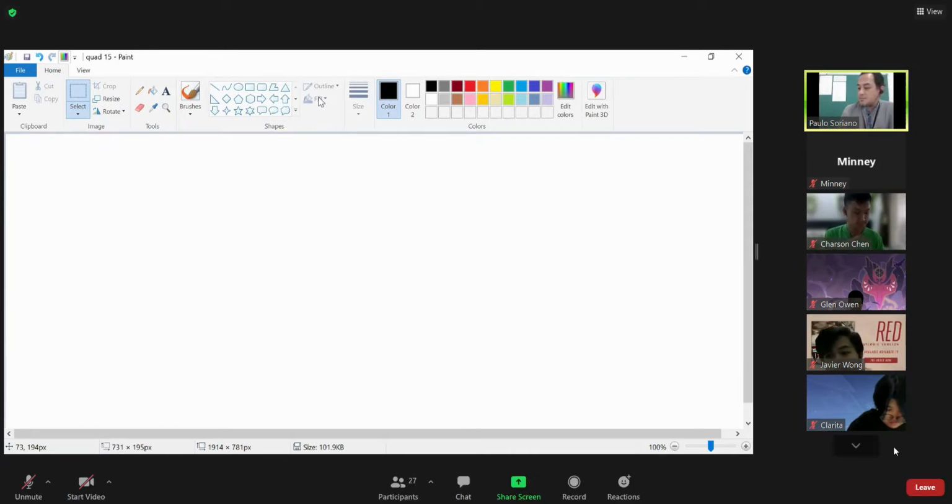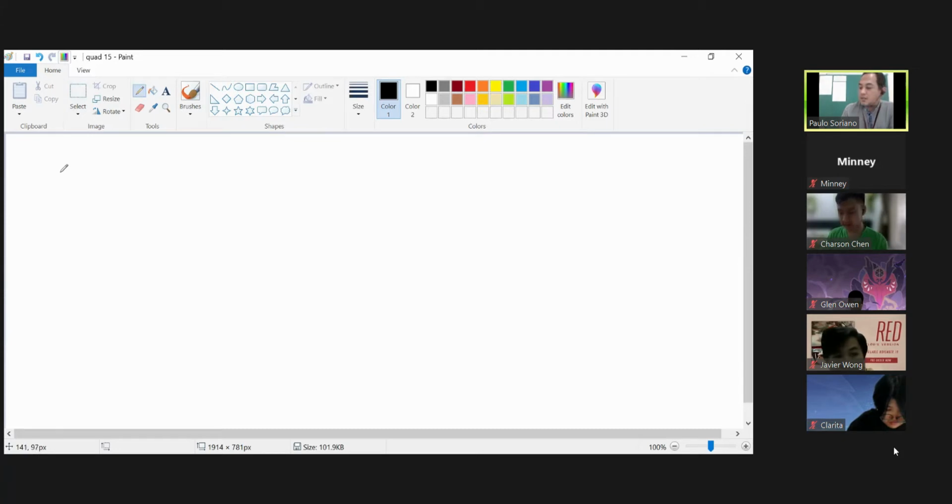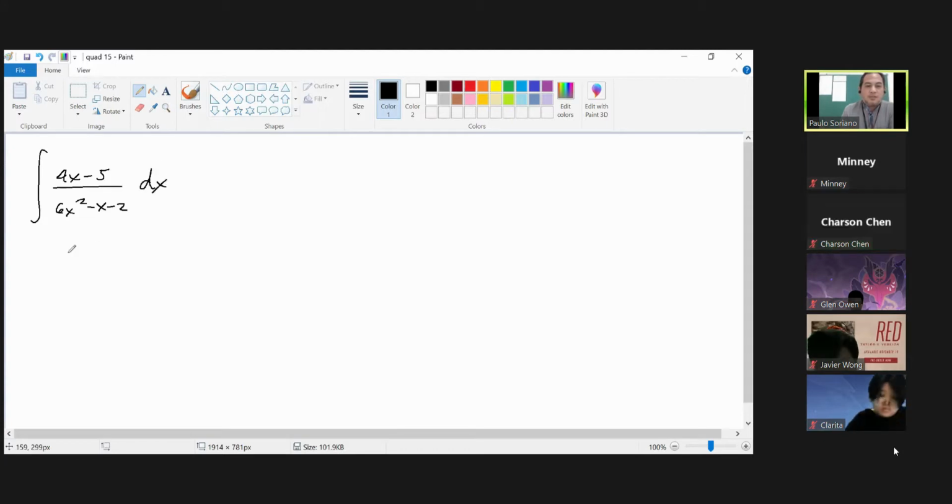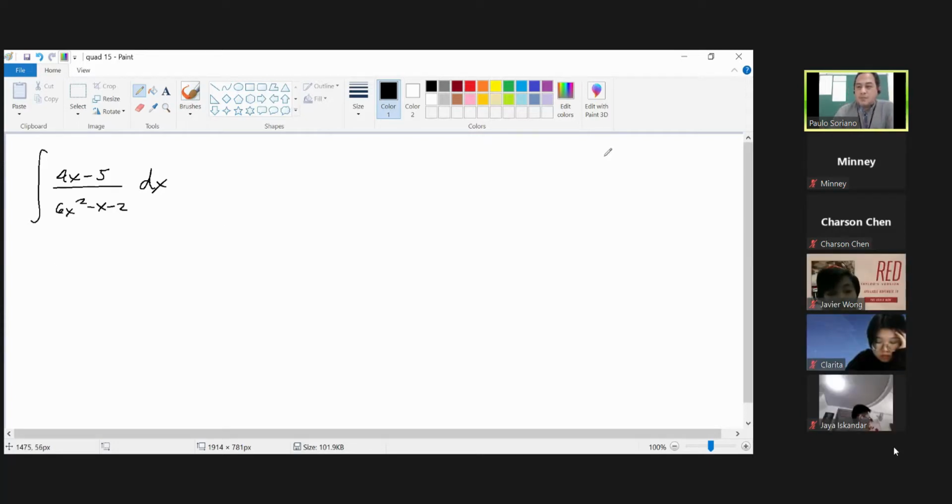Some may be complex, like let's say 4x minus 5 over 6x squared minus x minus 2, and you are being asked to integrate this one in x.